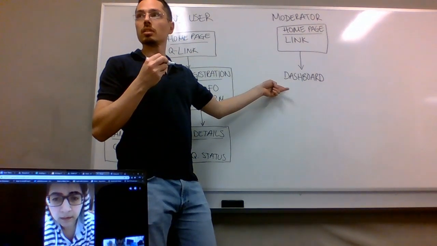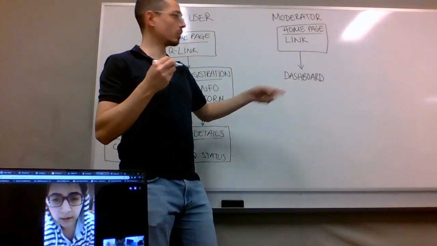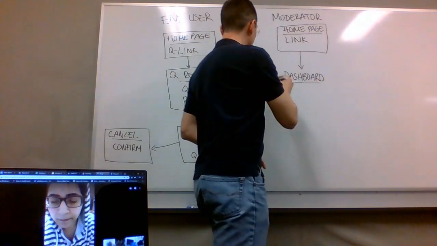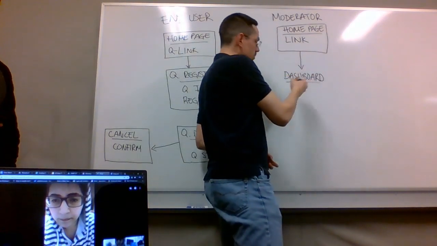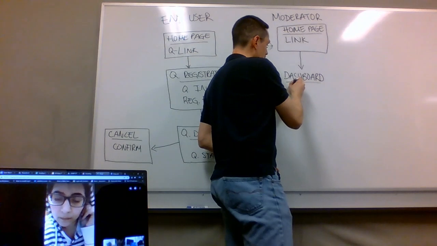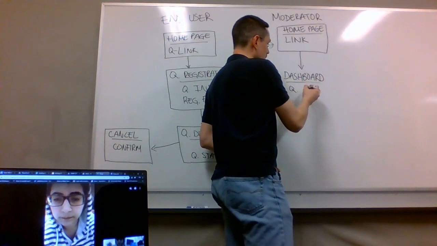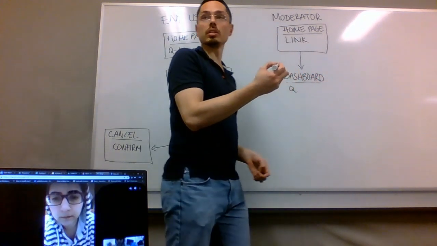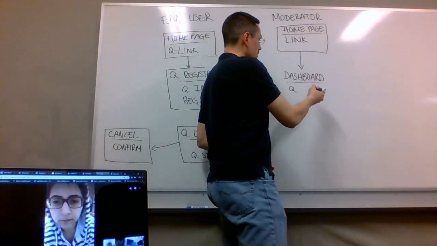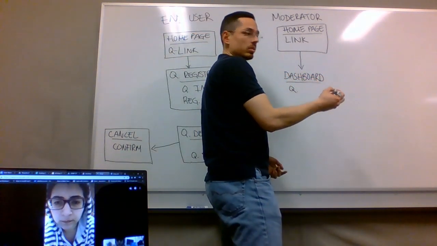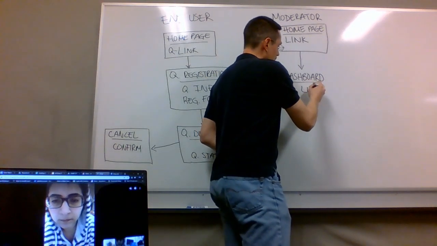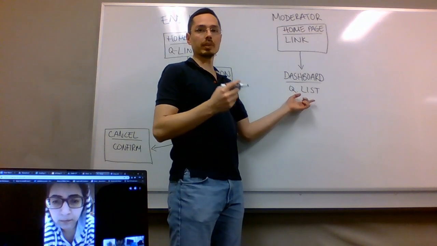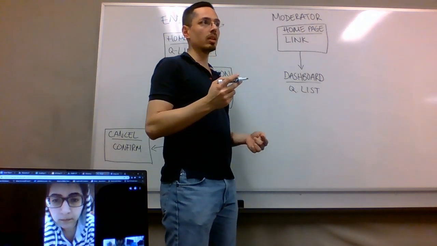Okay. So for the dashboard, it's the queue information. How do you call it? We can call it the queue list. Yeah, queue list should be good, with a little bit of information.